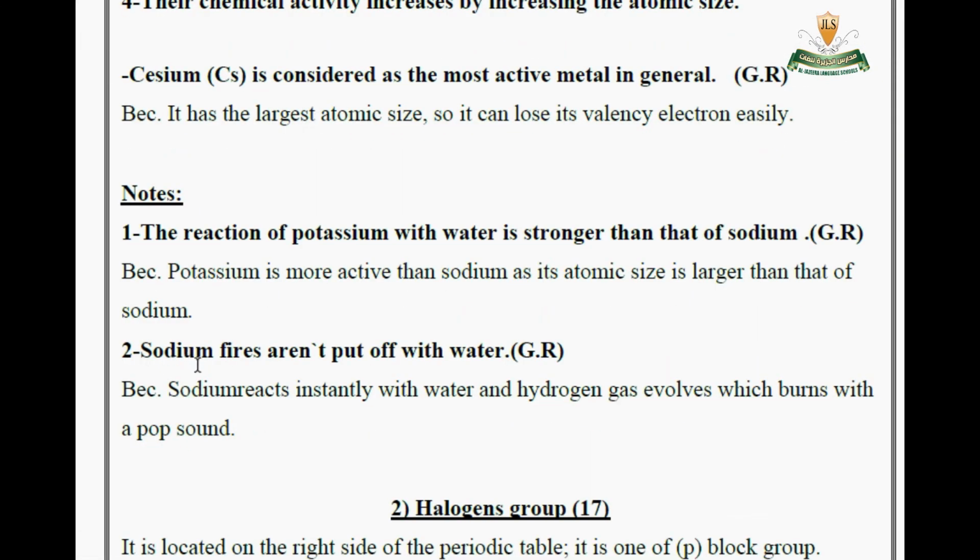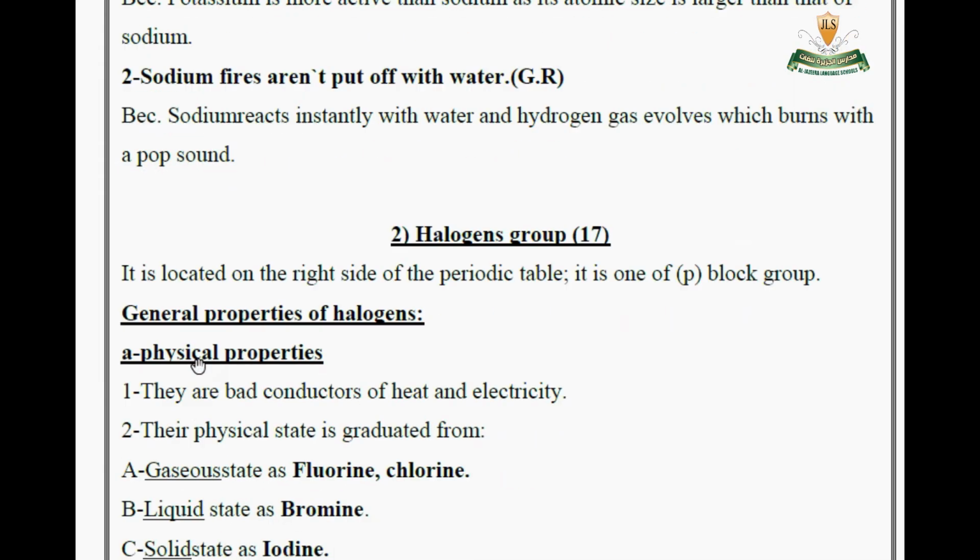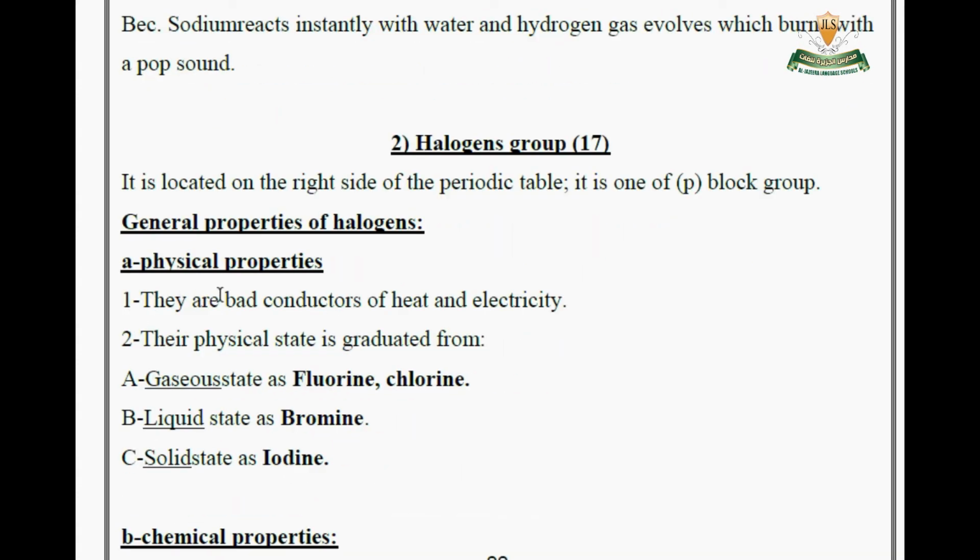Let's go to the halogens, or group 17. The location: it is located on the right side of the periodic table. The general properties: the physical properties and the chemical properties. First, physical properties. They are bad conductors of heat and electricity, because they are non-metals.